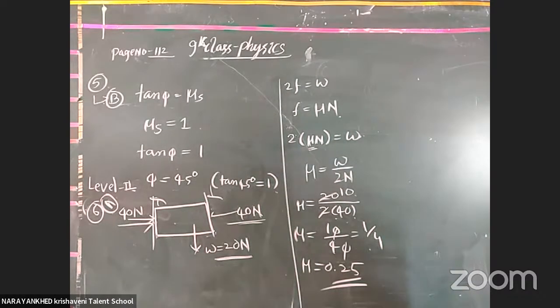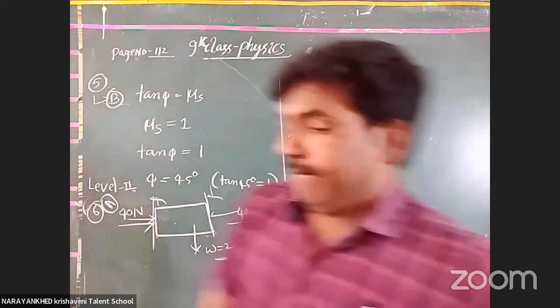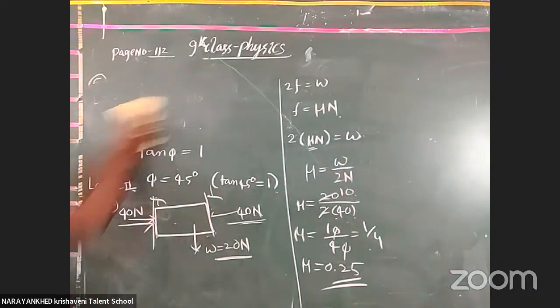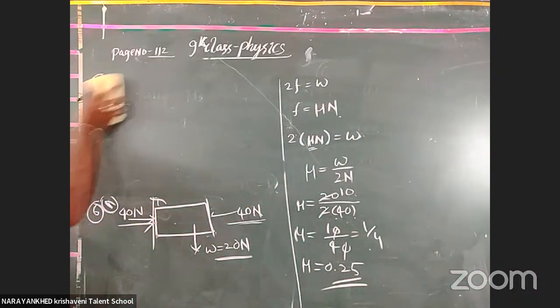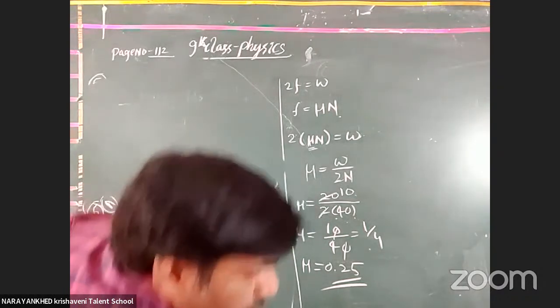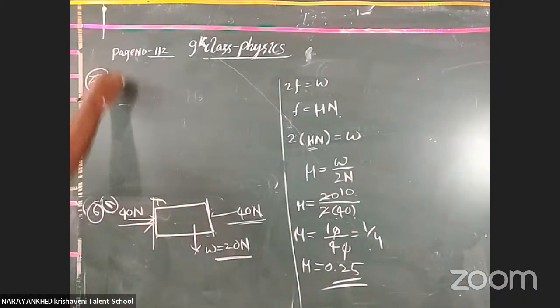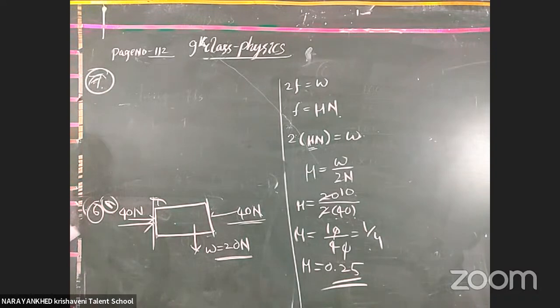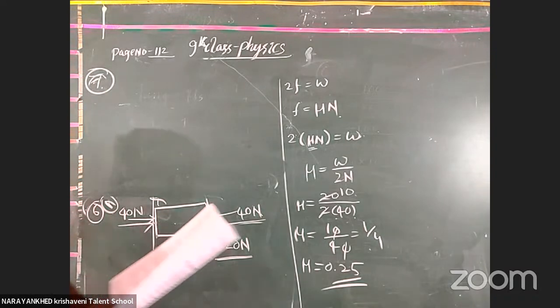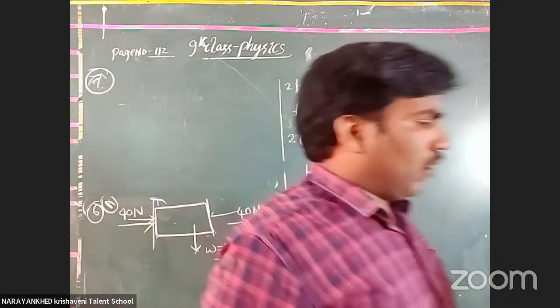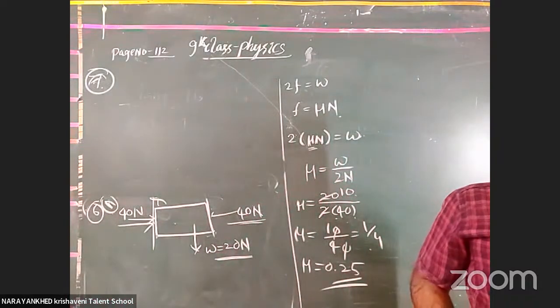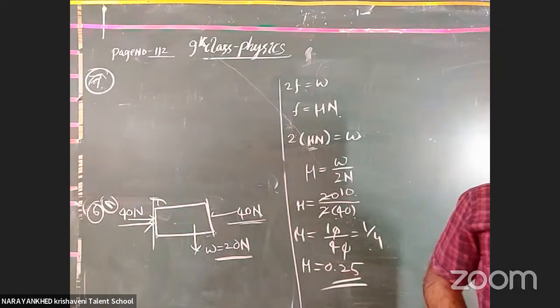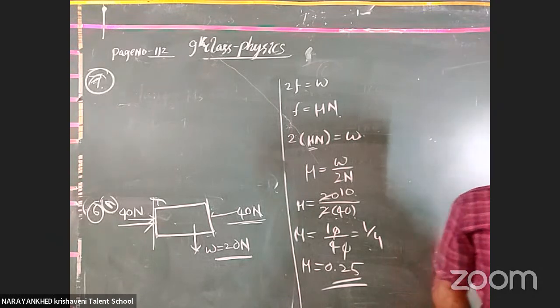Yeah, next one. Level 2, seventh question. A block of mass 10 kg is on a rough horizontal surface, and a horizontal force of 4 newtons is applied on it.